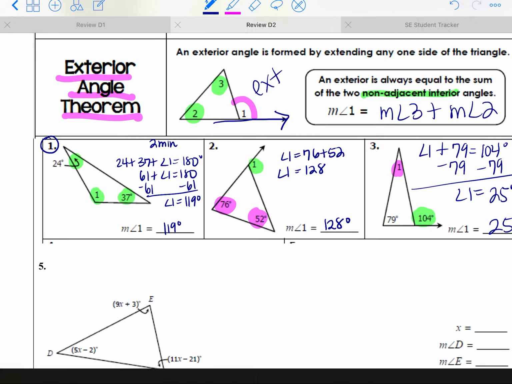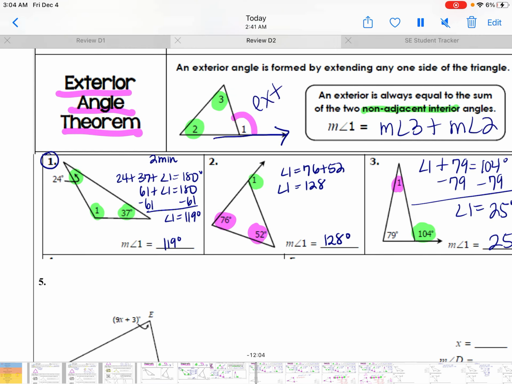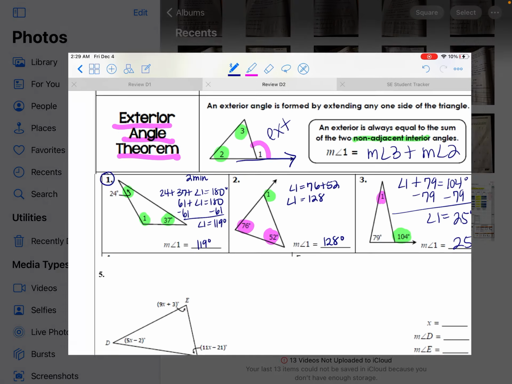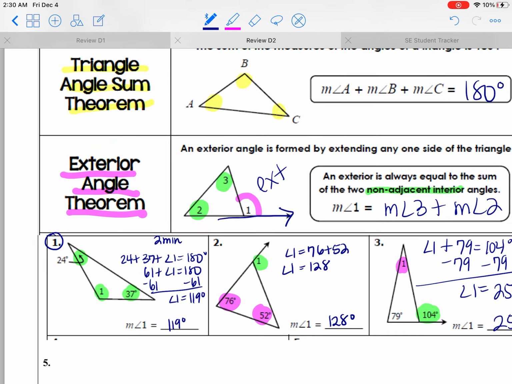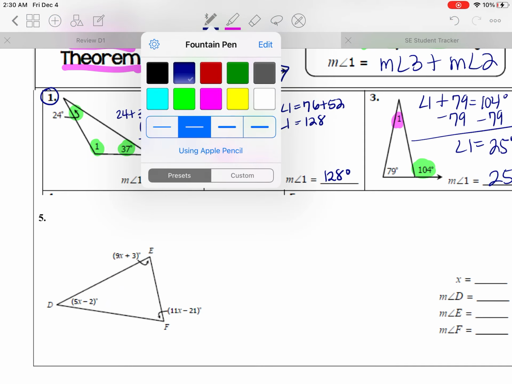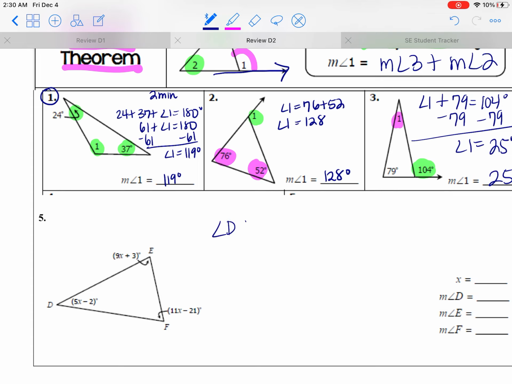So here, what we do is we still recall the triangle angle sum theorem. So angle D plus angle E plus angle F equals 180 degrees. So let's come back and substitute.